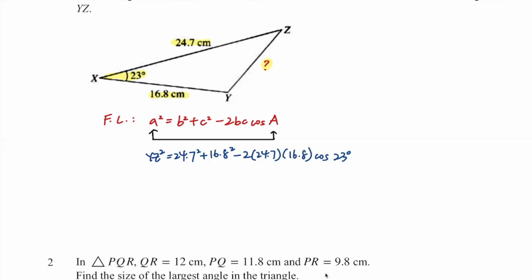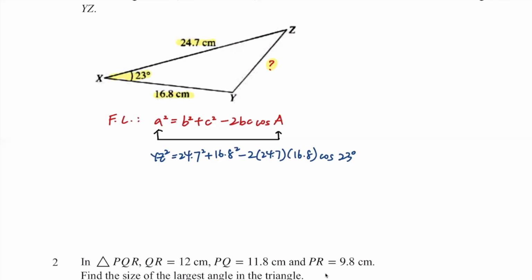Now you have to find YZ. Everything on the right is just numbers, which you can press on your calculator in one shot. And your YZ is actually the square root of the entire thing.